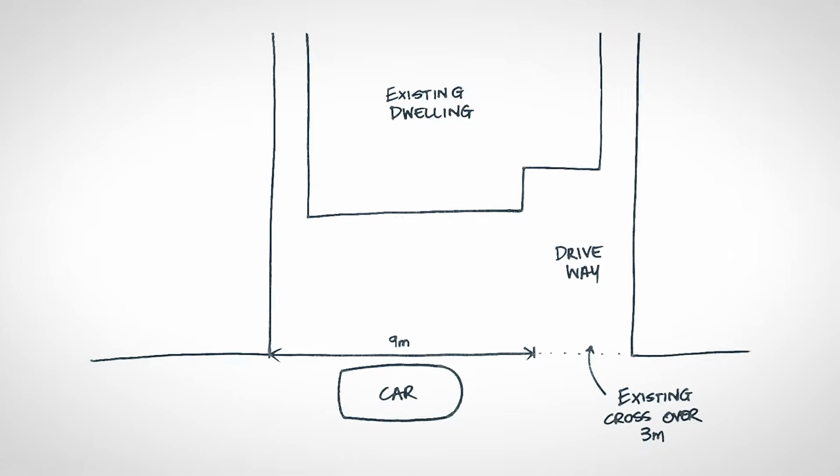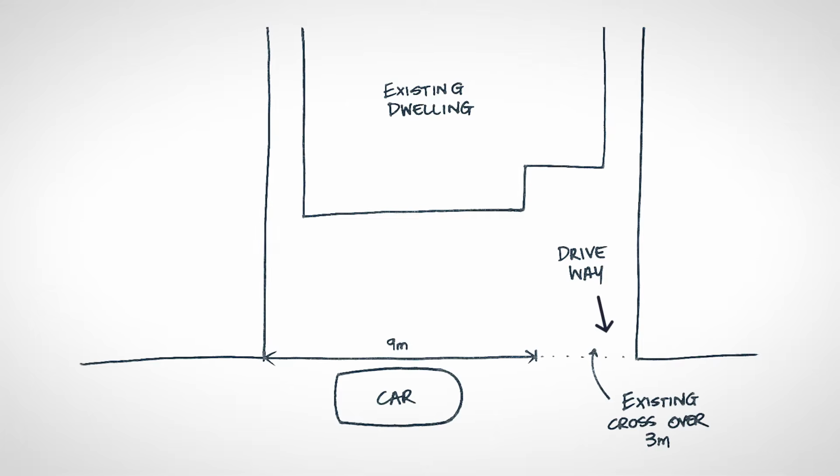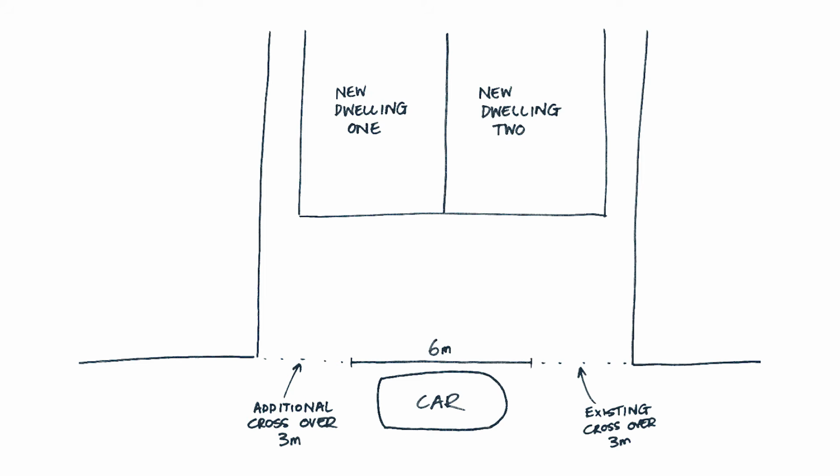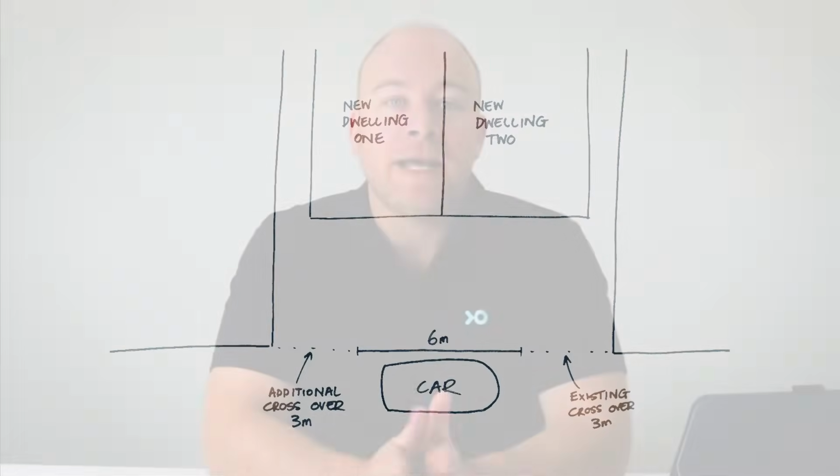Originally, your 12 metre site started with a 3 metre crossover, leaving 9 metres for on-street parking, which is enough for one car. When you add a second crossover, your frontage has gone from 9 metres to 6 metres. Again, only enough for one car. It means council's happy because you're not reducing the number of street car parks. And if council's happy, then we're happy.